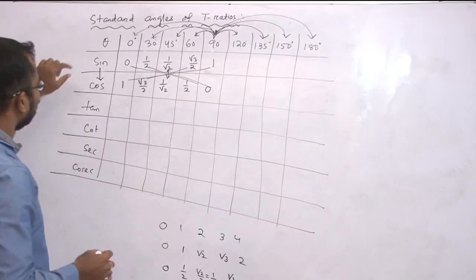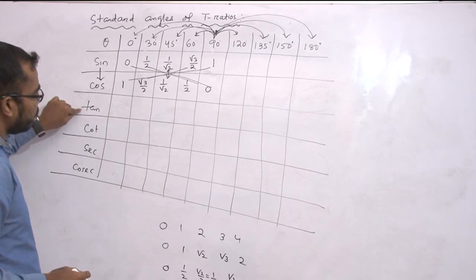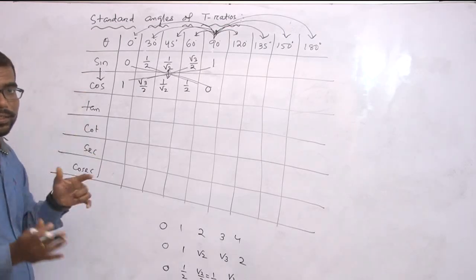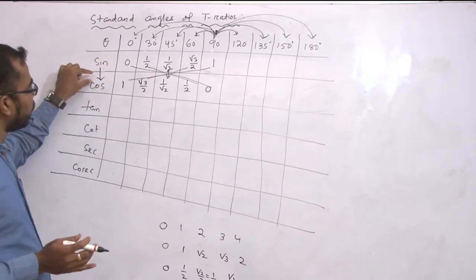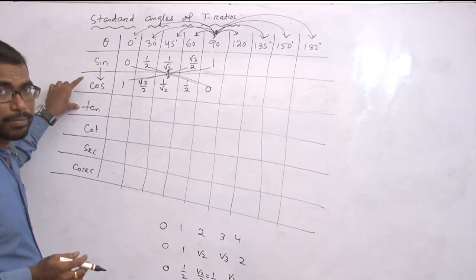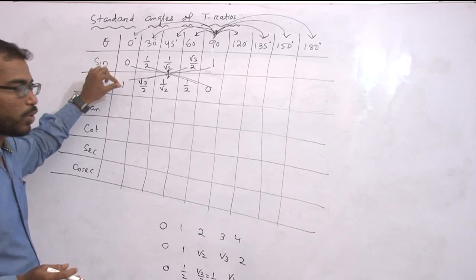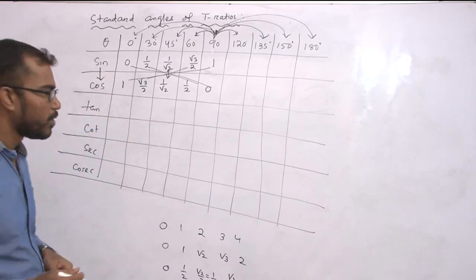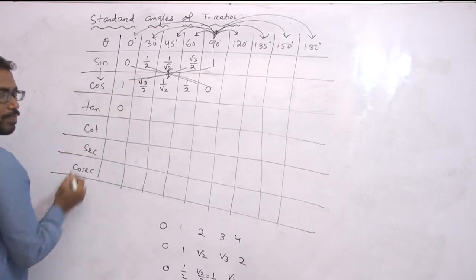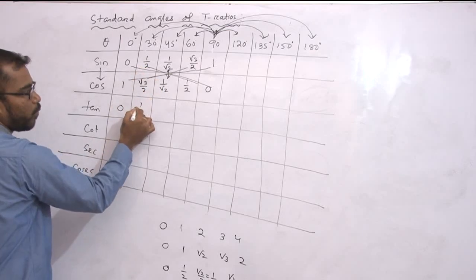How to write tan? The formula of tan is equal to sine by cos. So if we divide the value of sine by cos, then we get the value of tan. If we divide 0 by 1, that is 0. 1 by 2 divided by root 3 by 2, we cancel 2, then we get 1 by root 3.